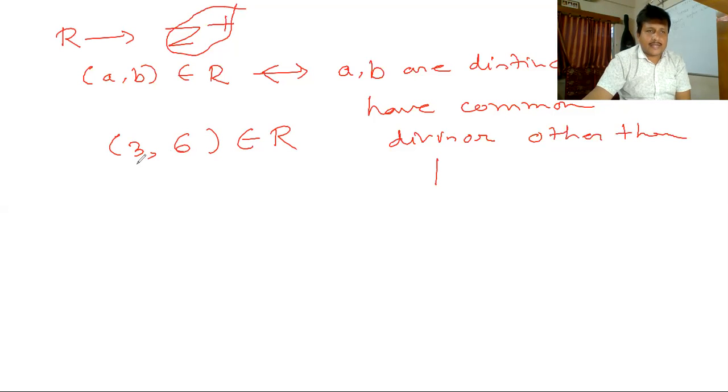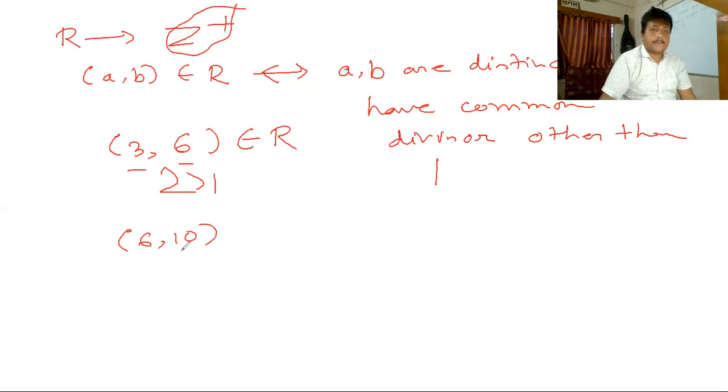Because both 3 and 6 are distinct, and the common divisor of 3 and 6 is 2, which is more than 1. Therefore, 3,6 can be in R. What about another pair? You can take 6,10. 6,10 is also in R because 6 and 10 are distinct, and the common divisor of 6 and 10 is 2, which is more than 1.